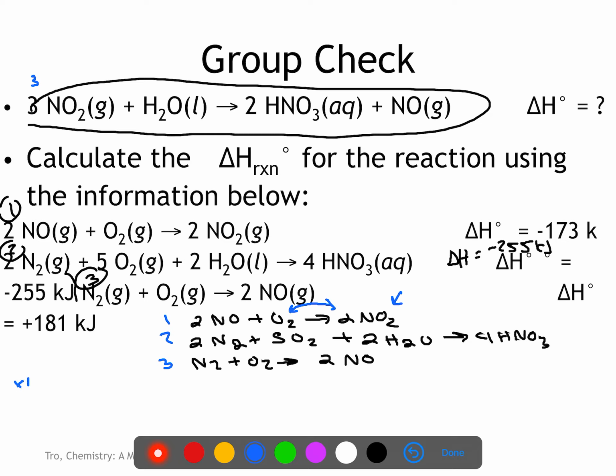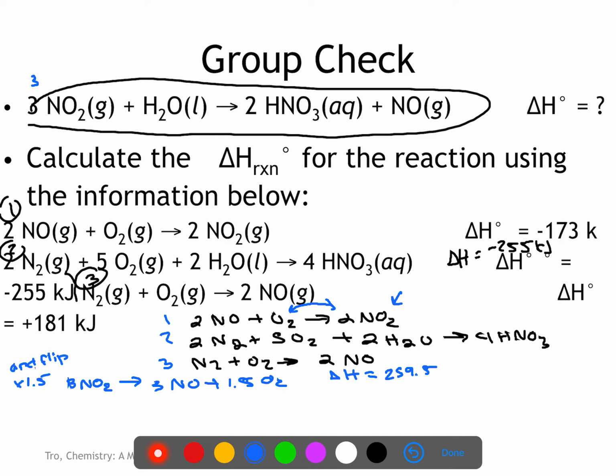So I'm going to multiply by 1/2 and flip. So I get 3 NO2 makes 3 NO plus 1.5 O2. And then my delta H becomes positive 173, and I have to multiply it by 1.5, which gives me 259.5.